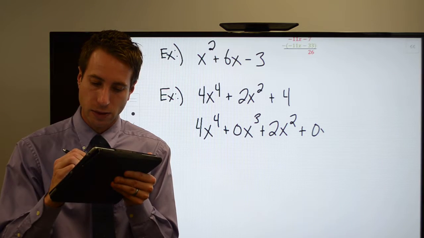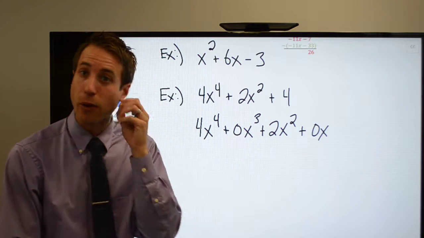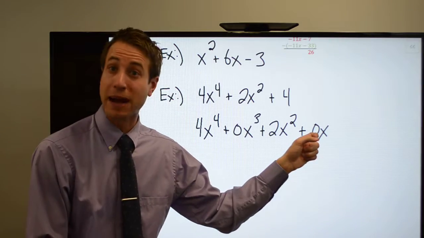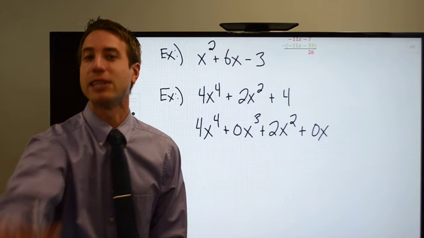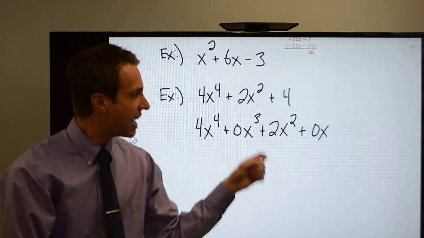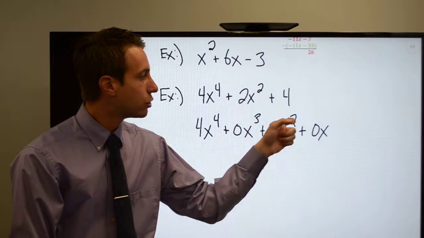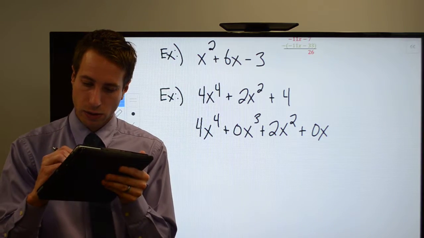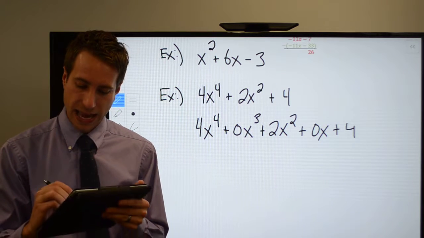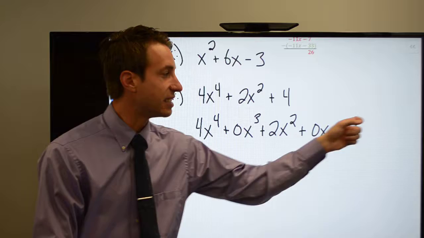Plus 0x. Now I have an x to the first power, but because it's multiplied by 0, that term would just simply drop out, and I get right back to what I originally had. 4, 3, 2, 1, and then my 4, which would be the x to the 0 power. 4, 3, 2, 1, 0.